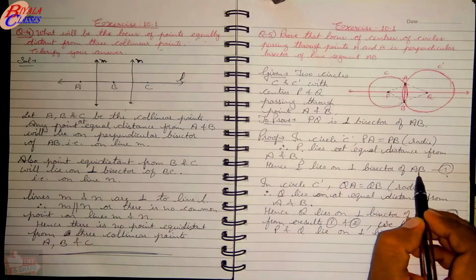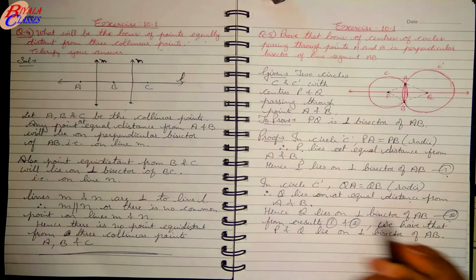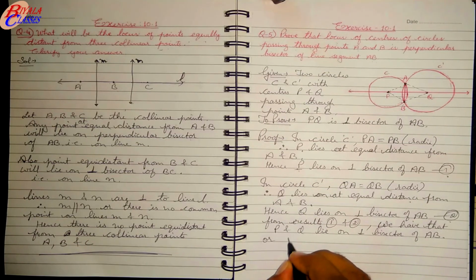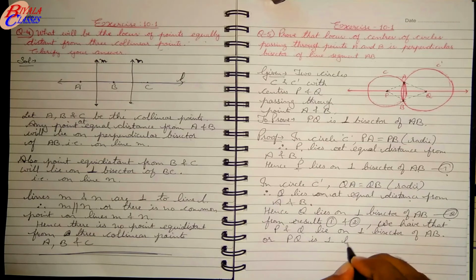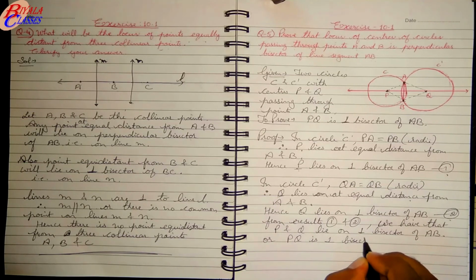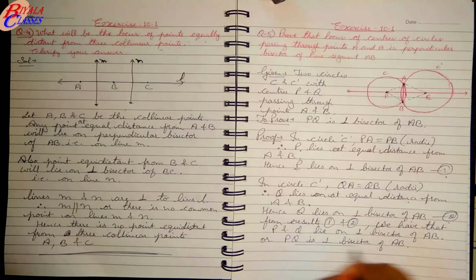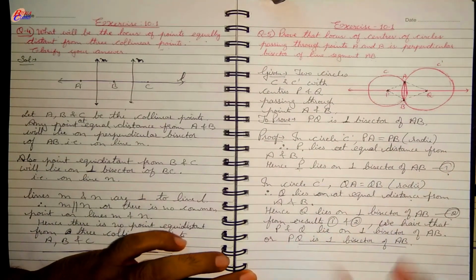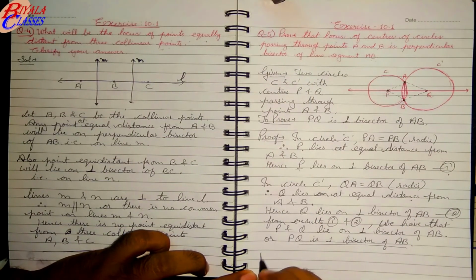Because P lies on the perpendicular bisector AB and Q lies on the perpendicular bisector AB. So both the points lie on the perpendicular bisector AB, or we can say that PQ is the perpendicular bisector of AB. And this is what we had to prove. So ultimately, what is the result we get? We actually needed to prove the locus.